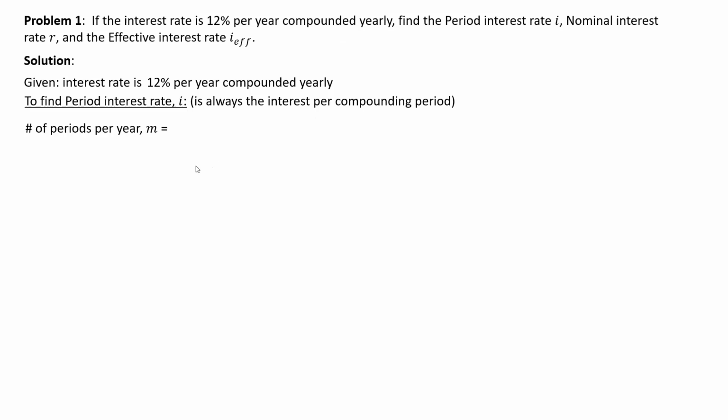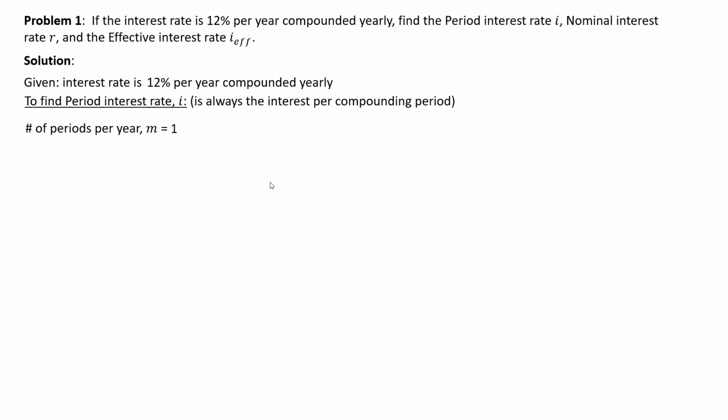Okay, so number of periods per year. When I say number of periods per year, I automatically mean number of compounding periods per year. How many compounding periods would we have? Well, it is compounded yearly, so there is just one compounding period.